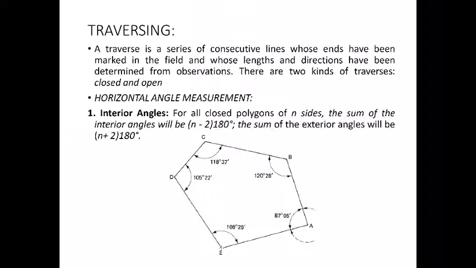Then, looking through the telescope of the instrument, I locate station point A, which would be a ranging rod or any leveling staff placed above that station point. When I bisect that ranging rod or leveling staff, I set my instrument equal to 0, and then I rotate my instrument so that I bisect the other point, and then the angle that my instrument gives me would be the interior angle E, or the angle AED.